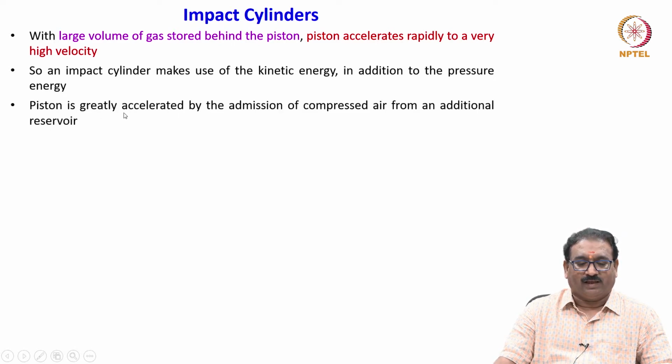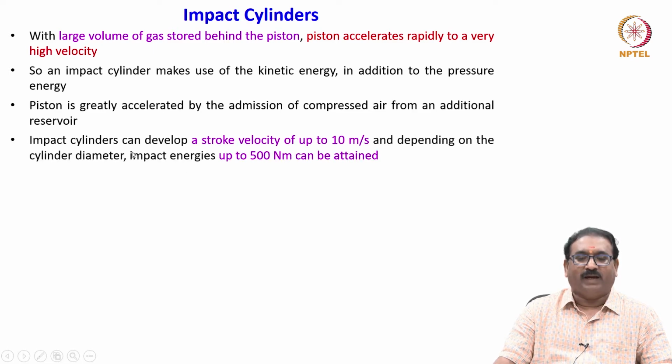The piston is greatly accelerated by the admission of compressed air from an additional reservoir here. Impact cylinders can develop a stroke velocity of up to 10 meters per second, and depending on the cylinder diameter, impact energies up to 500 Newton meter can be attained.